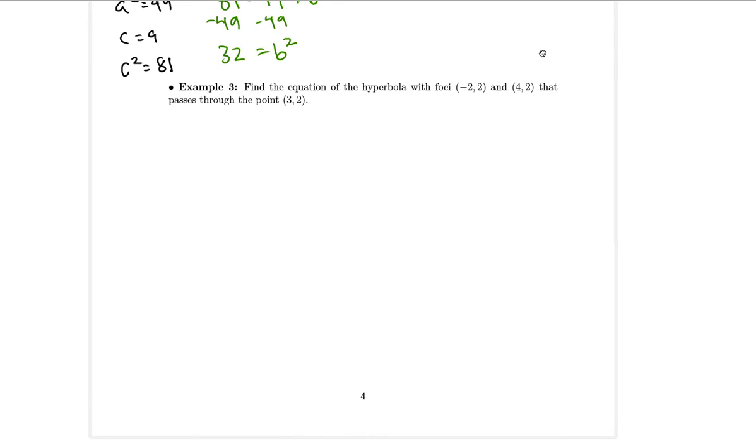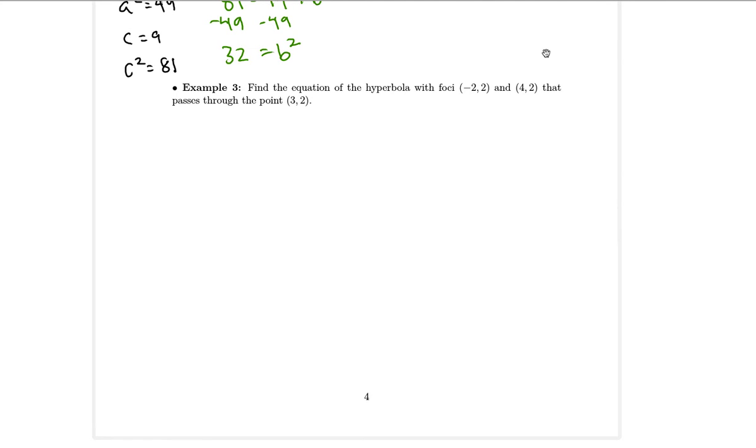All right, so looking at another example, number 3. This one wants us to find the equation of the hyperbola with those two foci, and that passes through the point (3, 2). Again, it can't hurt to sketch a real simple picture. So we've got (-2, 2) and (4, 2), both up 2.